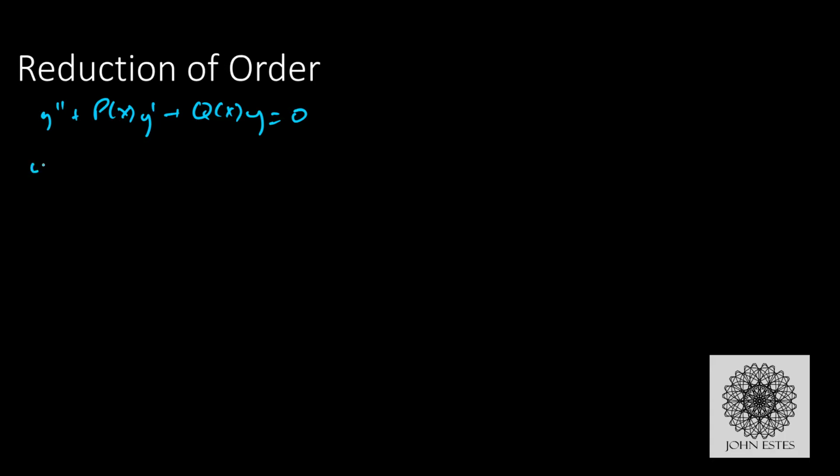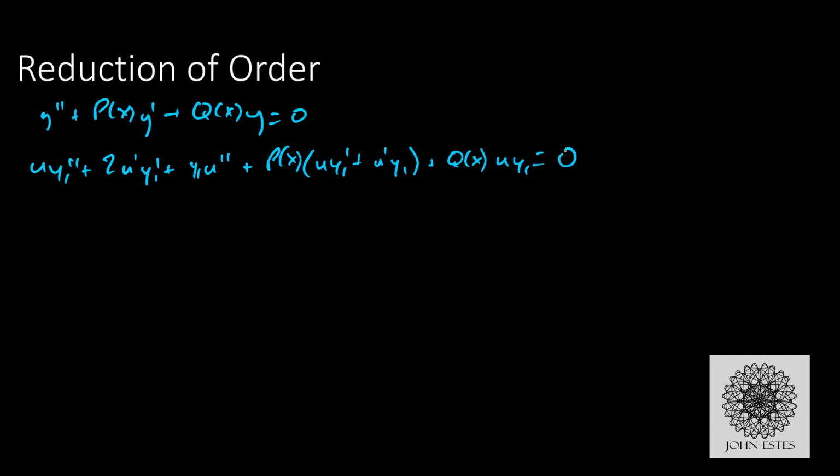So we get u y1 double prime plus 2u prime y1 prime plus y1 u double prime, plus p(x) times u y1 prime plus u prime y1, plus q(x) times u y1 equals 0.